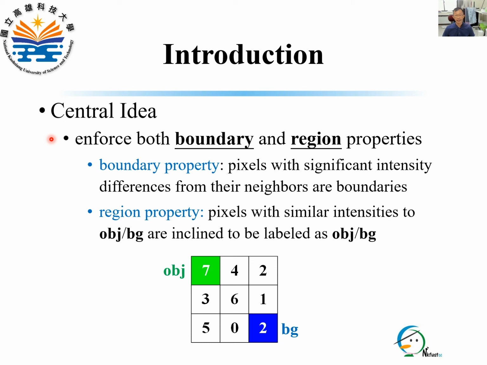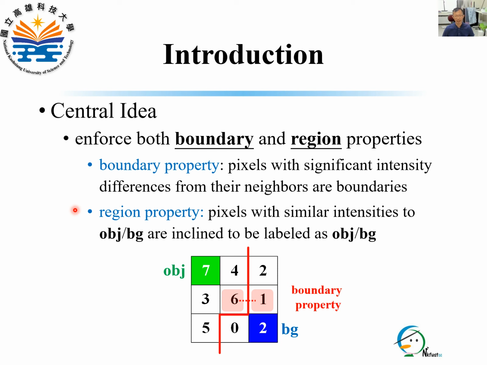The central idea of the algorithm introduced in this paper is to enforce both boundary and region properties. The boundary property means that pixels with significant intensity differences from their neighbors are considered boundaries. For example, pixels with large intensity difference, such as these 2 points, are considered as boundaries.